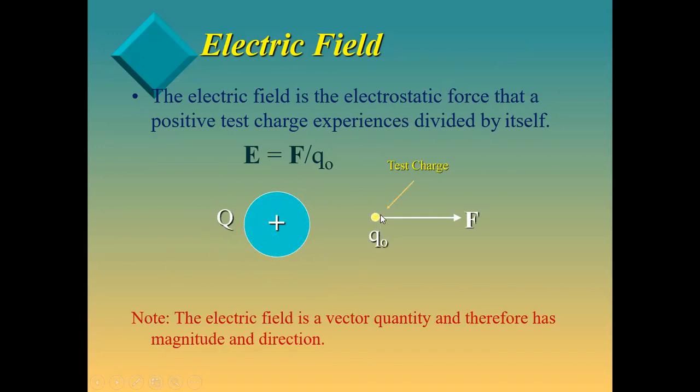And this is the small test charge, which should be a positive charge. This charge is experienced in an electric field generated from the big charge. Note that the electric field is also a vector quantity and has direction along with its magnitude.